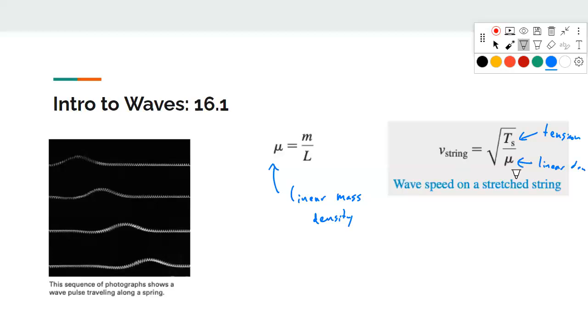And so the tighter we pull this rope, the faster the wave pulses are going to travel down it. But the heavier the rope is, so if it's like a steel chain instead of a bit of paracord or something, the heavier it is, the slower the pulses will travel down it. And we just have to plug into this formula. And if you look at the units, we end up getting meters per second out. So it all works fine and dandy.